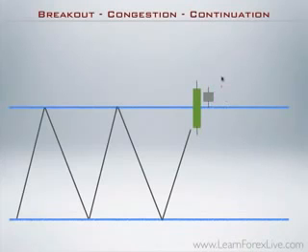This candle can take the shape of a spinning top, which in forex lingo is how we call small candles with a small body and small wicks both up and down, or even a doji. A doji is a candle that takes the shape of a cross, where the open and the close of the candle fall in line, and therefore the candle as a whole shapes up as a cross.